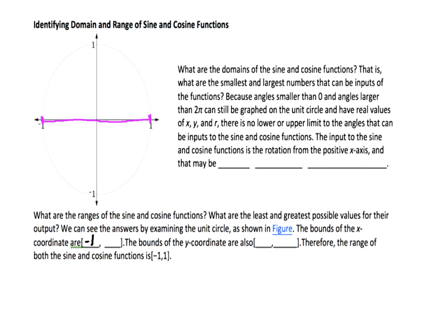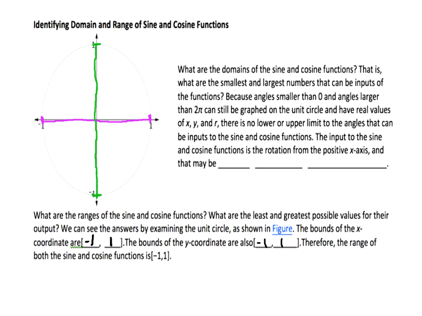So my domain, or the boundaries of my x coordinates, is -1 to +1. Same thing with my y values. I can only live between -1 and +1. So the boundaries on my y coordinates is -1 to +1. Therefore, my domain is -1 to +1, and my range is -1 to +1 for both sine and cosine functions.